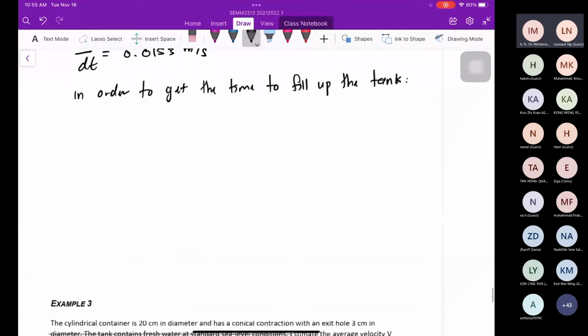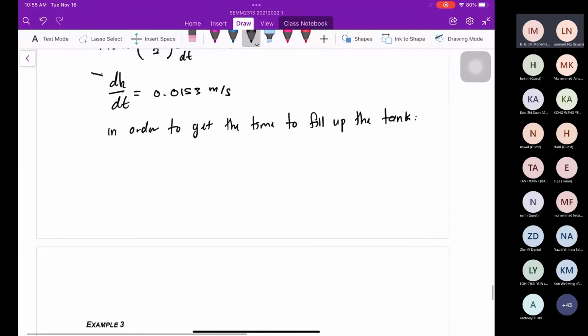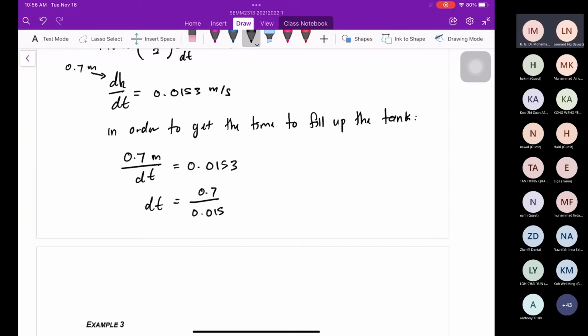So for that balance, I need to find the time taken. So substitute the balance, which is 0.7 meter, divided by dt equal to 0.0153. So dt now becomes 0.7 divided by 0.0153.